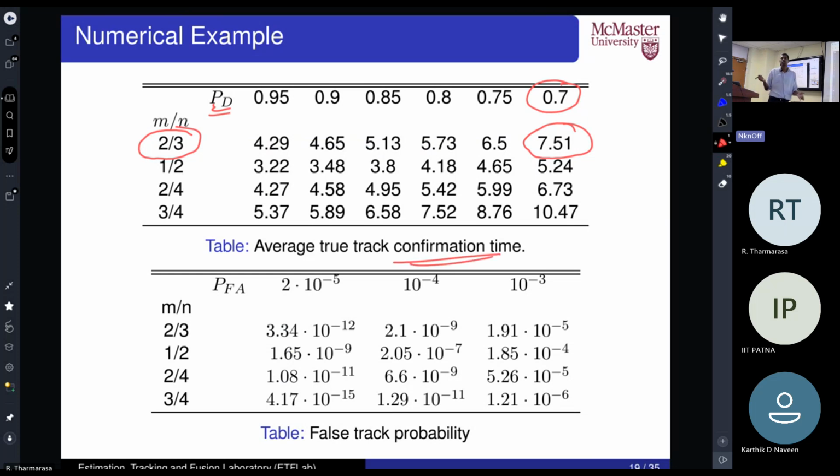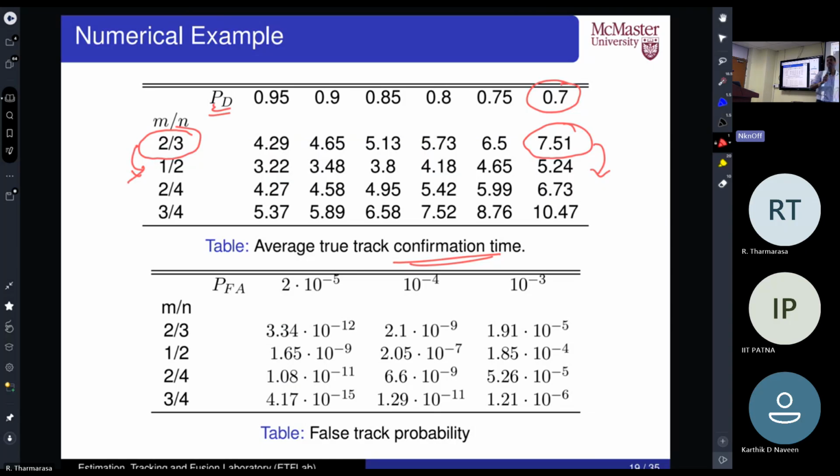That's obvious, right? If you have more chance to miss a target, then the latency increases. Is that clear? But if you go from 2 out of 3 to 1 out of 2, this is reduced.